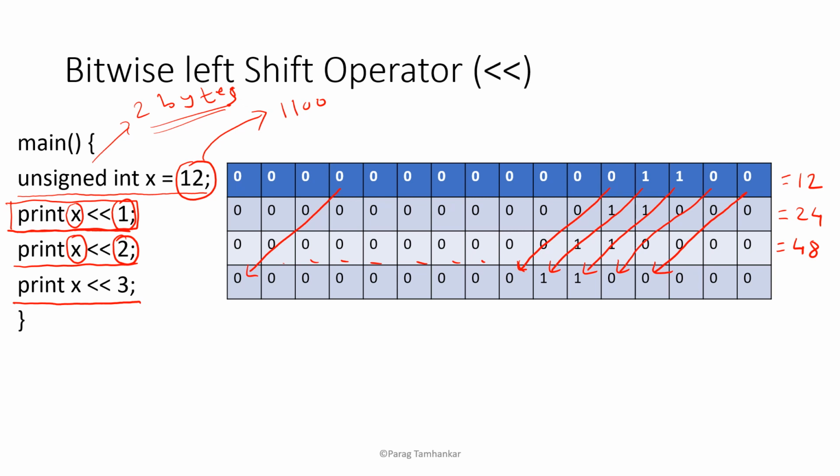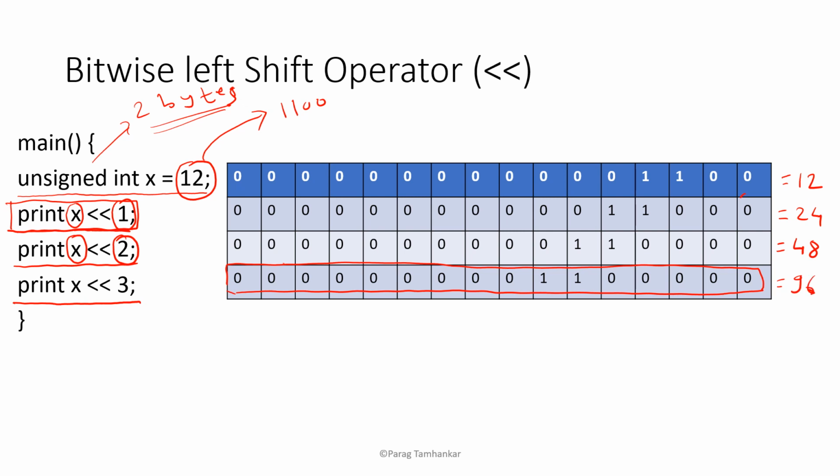Each bit is shifted to the left by 3 positions, and you get a new binary value, which is this one. When you convert this binary value to decimal, you get 96.